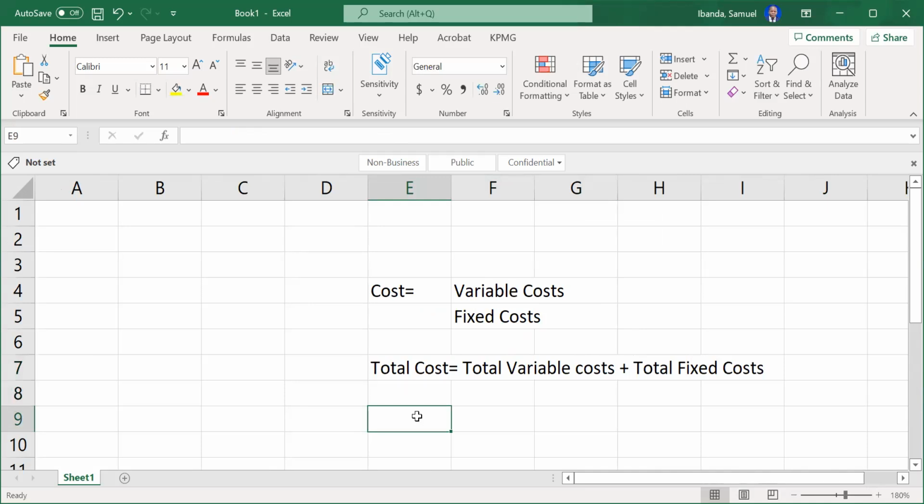Now, they have also told us about quantity. One thing you also need to know is that this total variable cost is usually given by the variable cost per unit multiplied by quantity, which is our volume in this case.